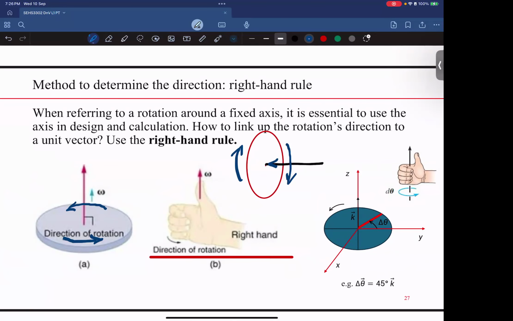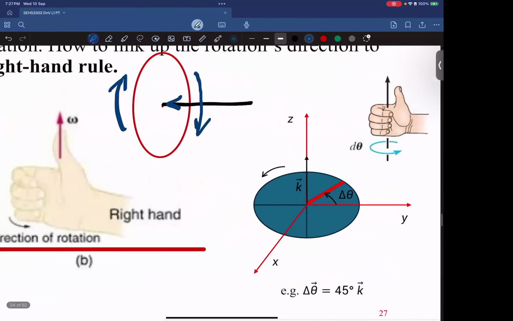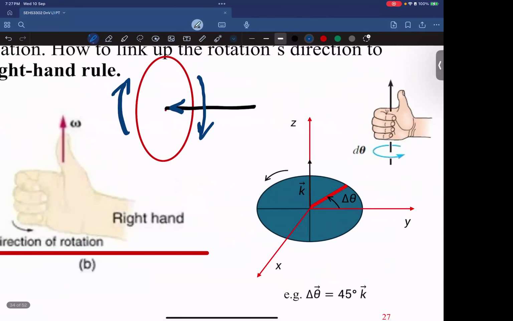For example, here we have a plate rotating counterclockwise in such a plane, and the rotation axis is along the z-axis.